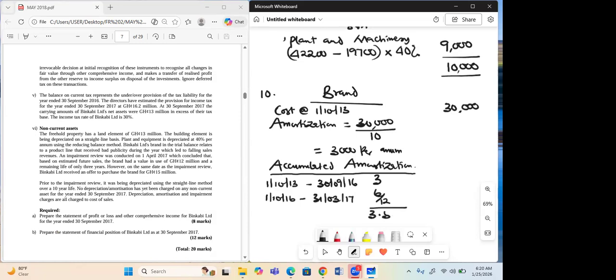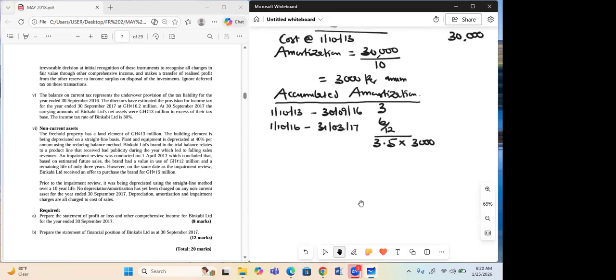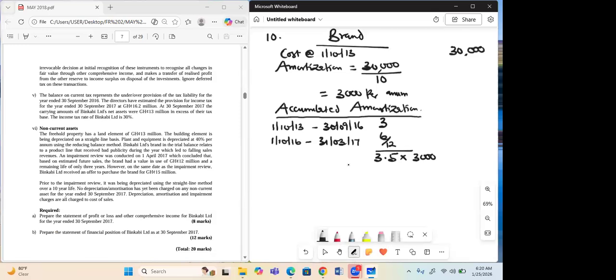So accumulated amortization is 3.5 times 3,000. Multiplying gives 10,500. So accumulated amortization is 10,500.